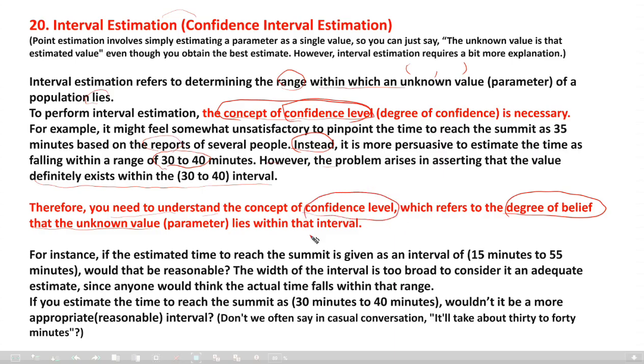Okay? For instance, if the estimated time to reach the summit is given as an interval of 15 minutes to 55 minutes, what is this? This is too broad. The width of this interval is too broad to consider it an adequate estimate, right? Anybody can say it's going to take 15 to 55 minutes. If the estimate of the time to reach the summit is 30 to 40 minutes, that sounds good.